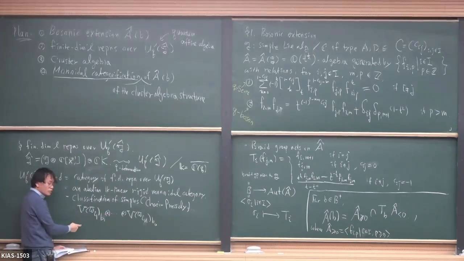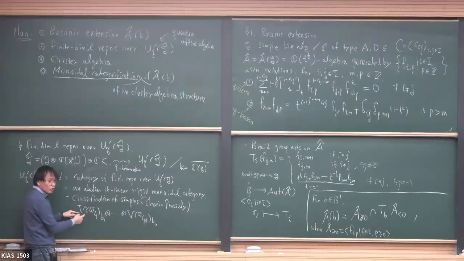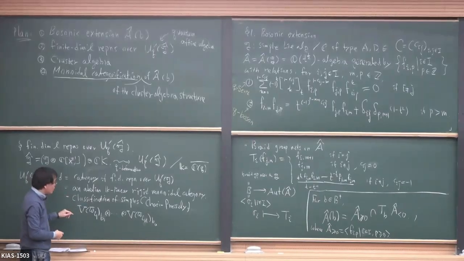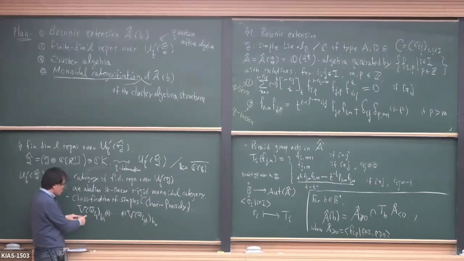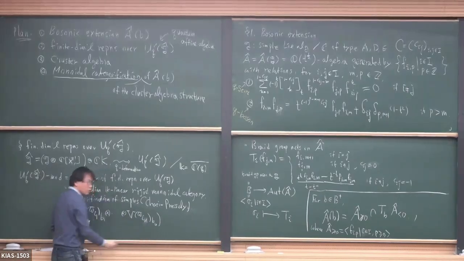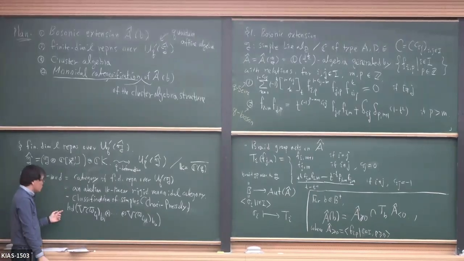This V_{φ_i} is called the fundamental representations. They are really fundamental representations in this category because every simple can be obtained as a tensor product of fundamental representations together with some spectral parameter shift. You can take the simple head of this tensor product, and every simple is of this form.